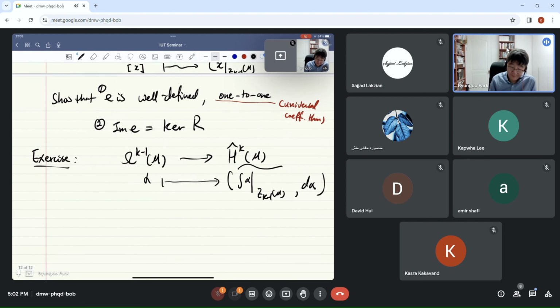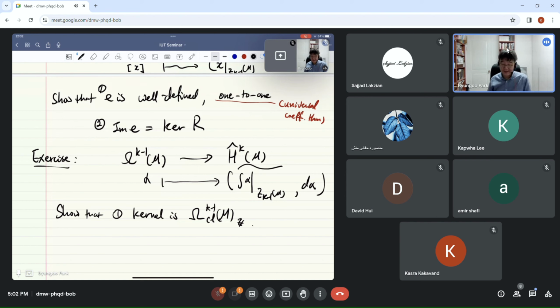So then for this definition, there's no well-definedness you should check, but show that first corner is Omega^k minus 1 closed differential forms on M with integral periods, right?